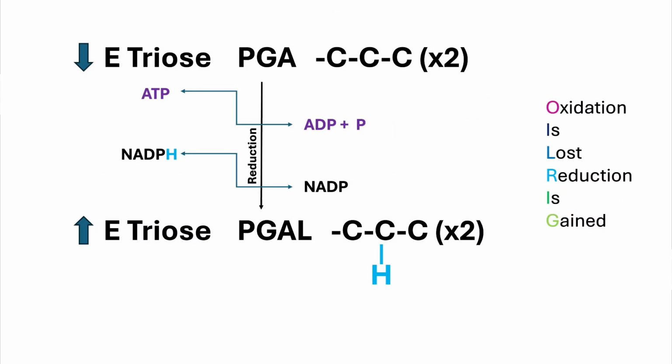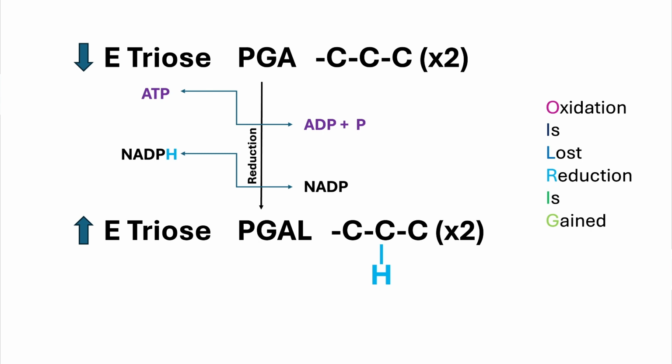So here's another diagram. We had an energy low triose, which was the PGA. See, it was a C3 compound. It had 3 carbons bonded to each other, but there were 2 of those. Remember, we had a C6, but it was unstable and it split into 2 identical C3 compounds. Here we have ATP.